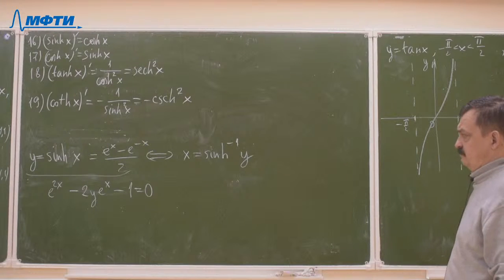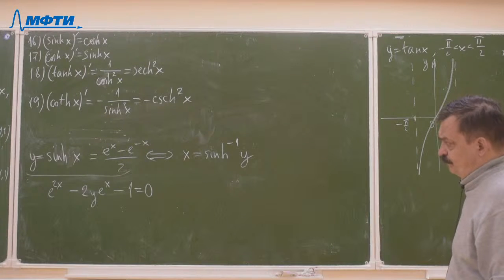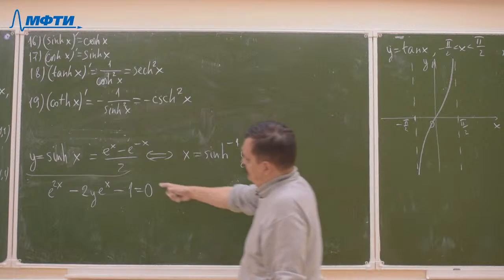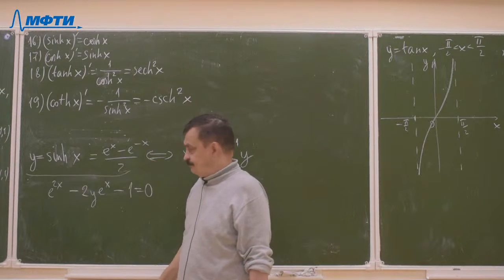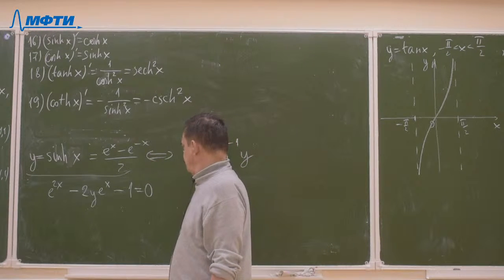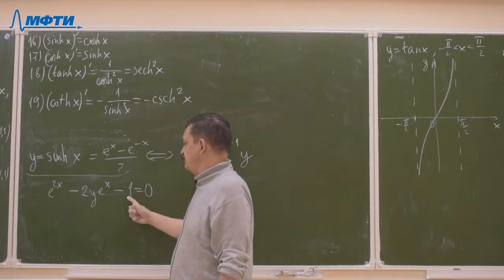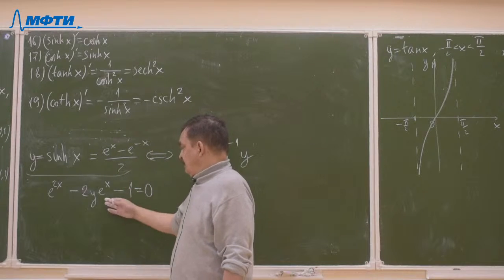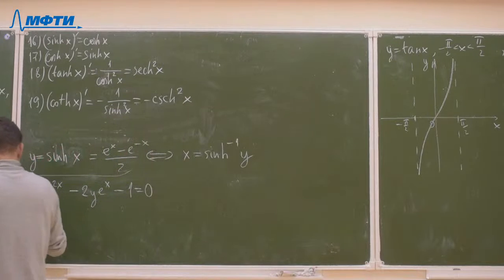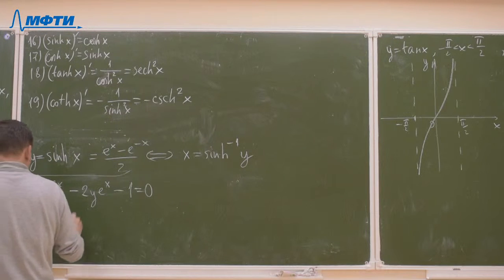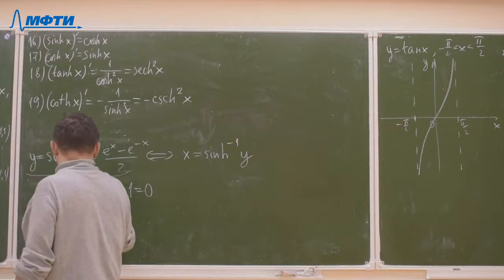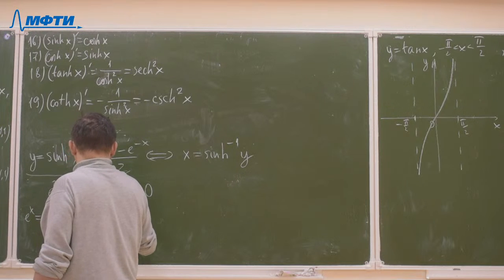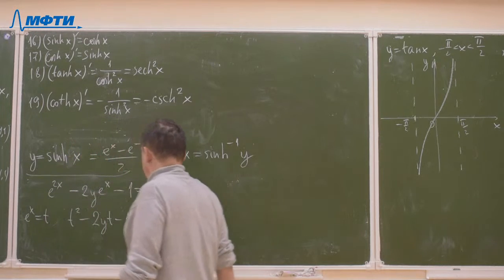So multiply by 2e to the power x, and we obtain that equality. Now if we denote e to the power x as t, then we have t squared minus 2yt minus 1 equals 0.